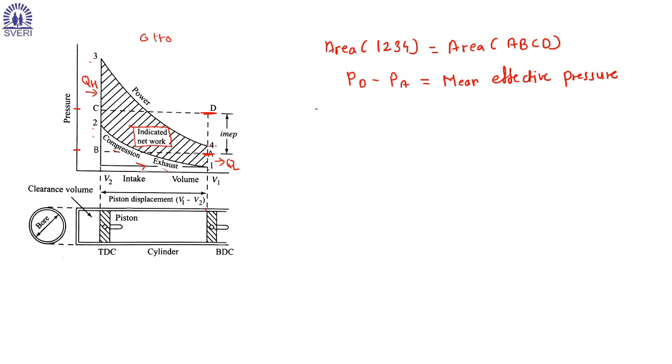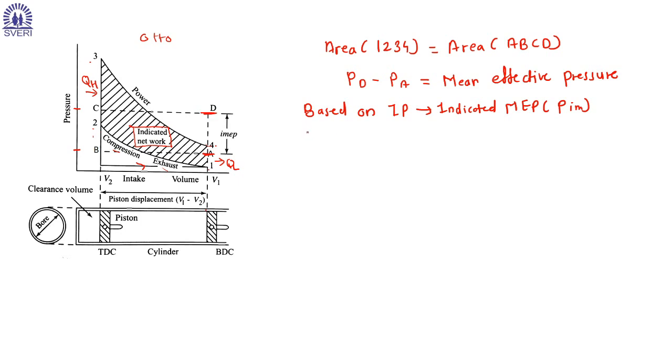Now when this mean effective pressure is based on indicated power, we refer to it as indicated mean effective pressure, or in other terms PIM.